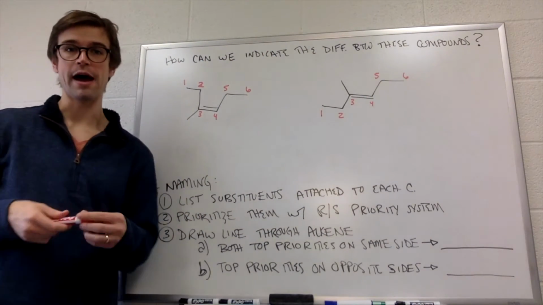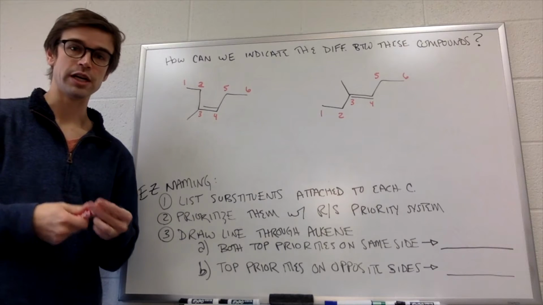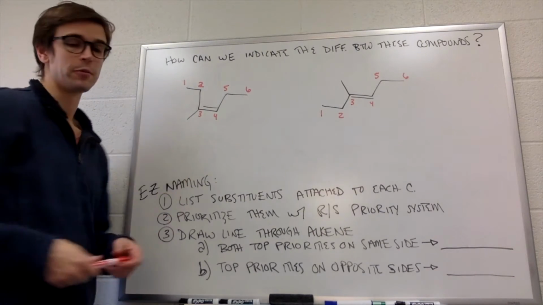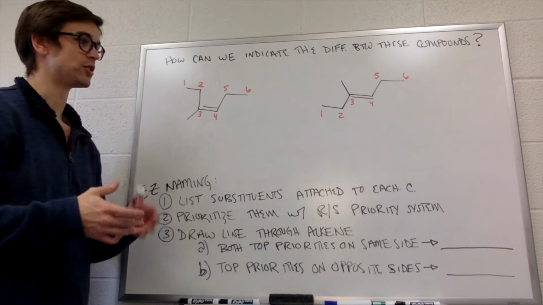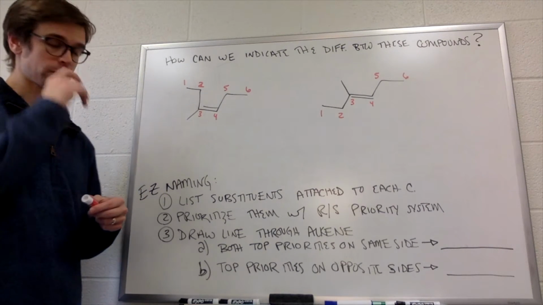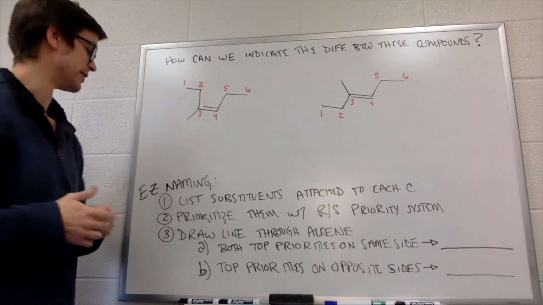Both of them have 6 carbons in the longest chain, so that'd be hex, and both of them would be 3-ene. But how are we going to describe one and not the other? That's when we use the EZ naming system.